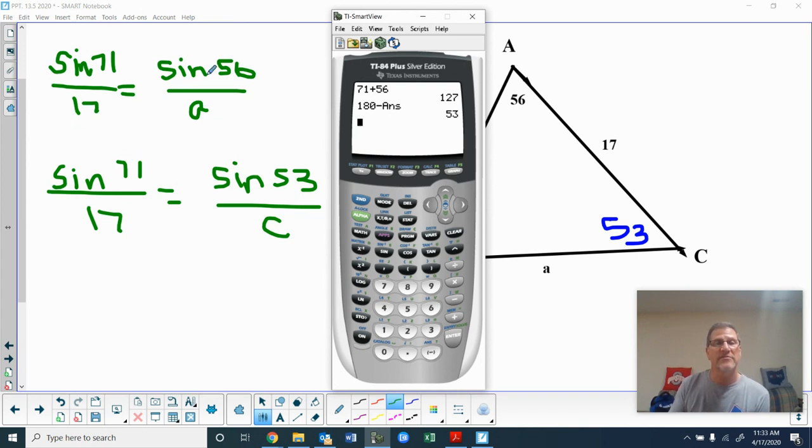All right, so we'll do that real quick in my calculator. So 17 times the sine of 56 divided by the sine of 71, cross multiplying and dividing.